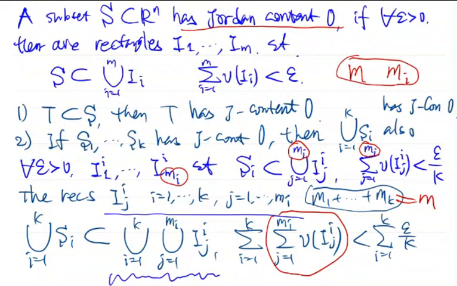So this is a sum of k terms, each term smaller than epsilon over k. Therefore, the sum is less than epsilon. So for any positive epsilon, we find m rectangles whose union contains the union of S_1, S_2, ..., S_k, and whose total volume is less than epsilon. Therefore, by definition, the union of S_1, ..., S_k has Jordan content 0, proving our second proposition.